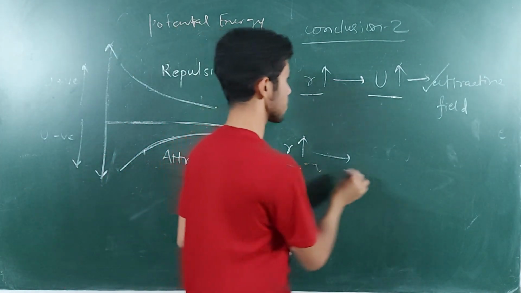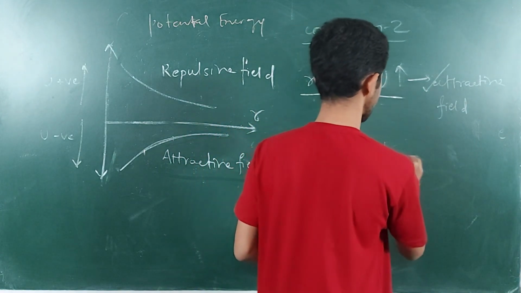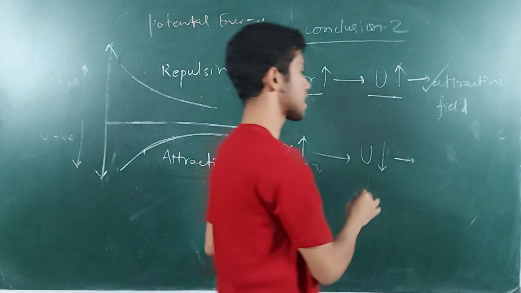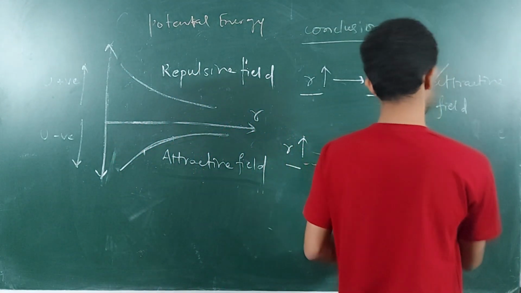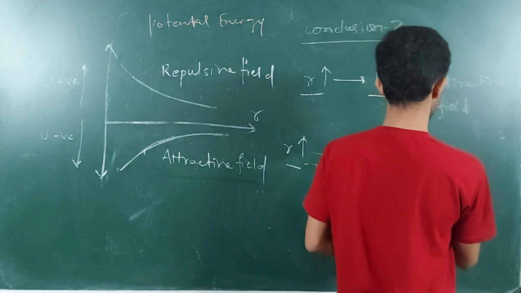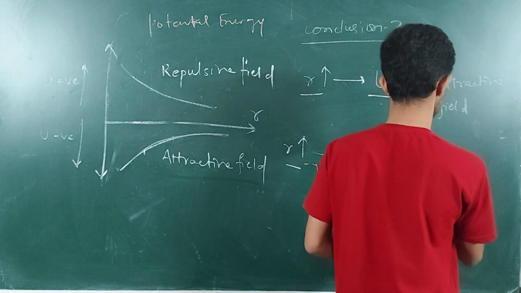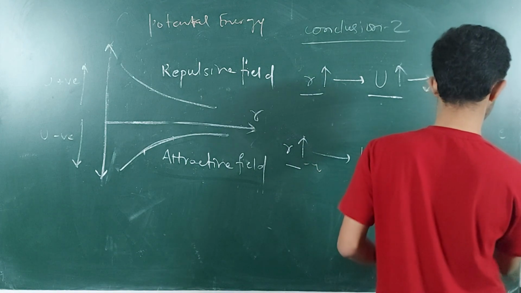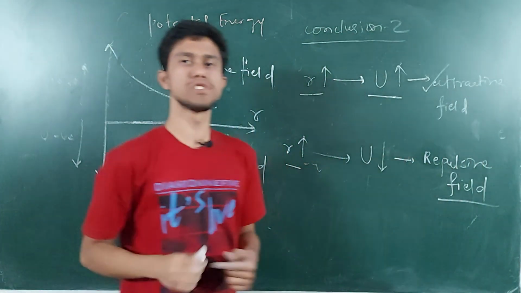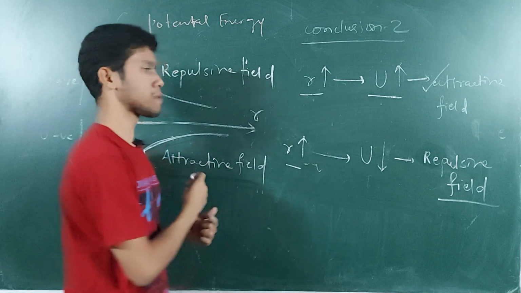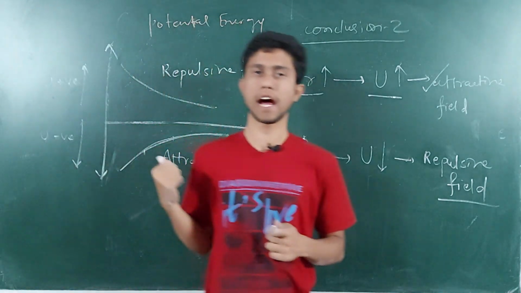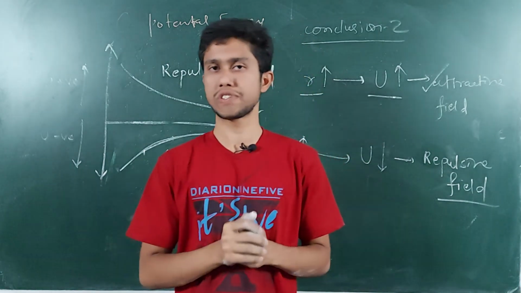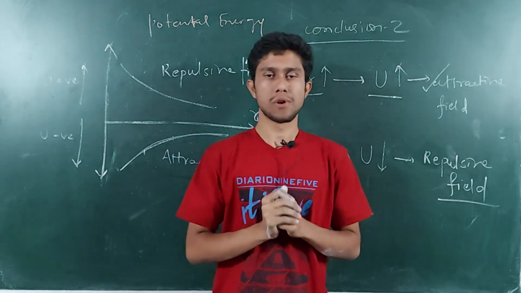So with increasing R, if you see decreasing potential energy, then it will be this graph, and I know this graph is a repulsive field because it lies above the positive y-axis. So these are two very important conclusions with respect to this graph. This is the one graph which you have to understand and keep in your mind, so that you can solve most of the questions which come upon this graph.